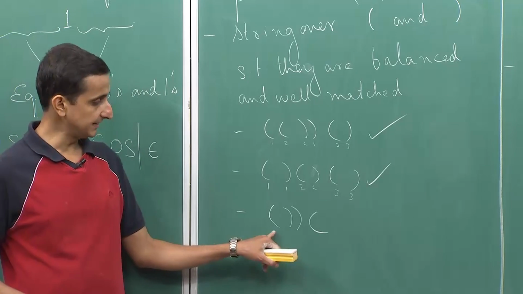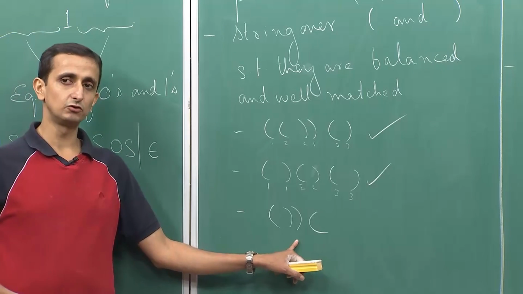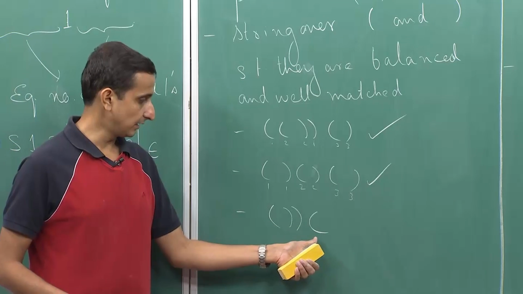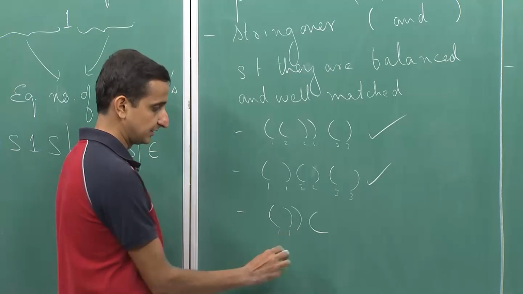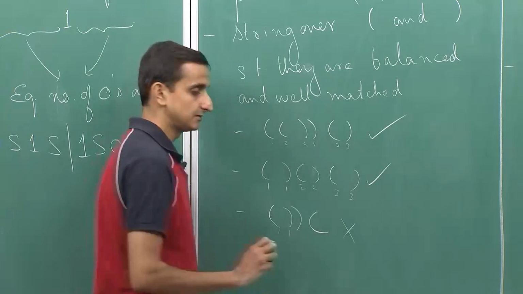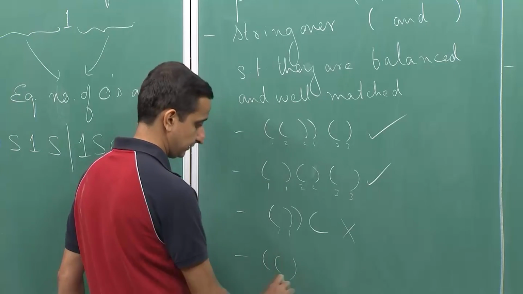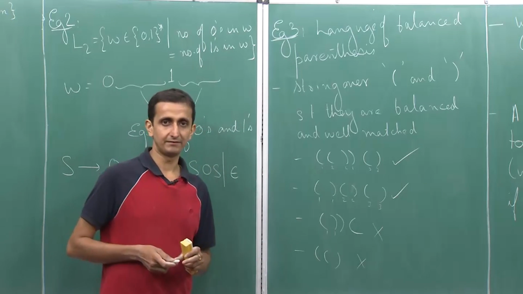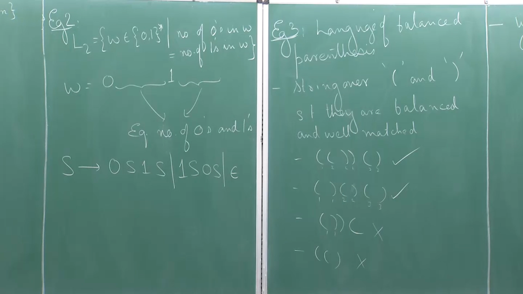So, if you look at this, this has an equal number of left and right. The number of left is 2, number of right is also 2, but this is not balanced because I do not have a left parenthesis before my right parenthesis. So, this one gets matched with this one, that is fine, but now I have a right before a left. Okay. So, this is not balanced. Similarly, if I have something like this, of course, this is also not balanced because I have 2 left and only 1 right.